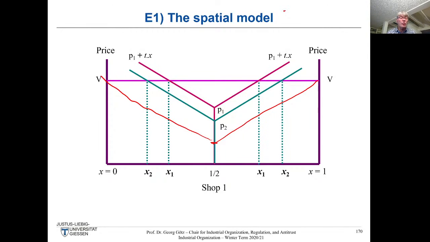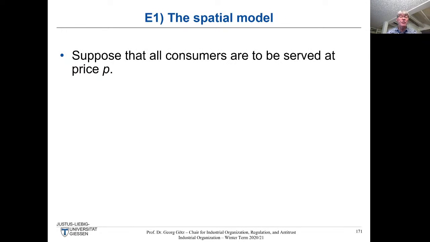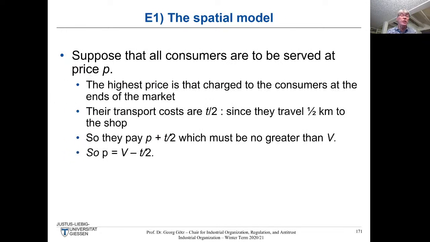And what you should always have in mind is that it never makes sense to reduce the price below this price, because that would not bring additional consumers, but you would give the consumers here a rent. All other consumers get a rent anyway, and that's something you will try to reduce by adding further shops.